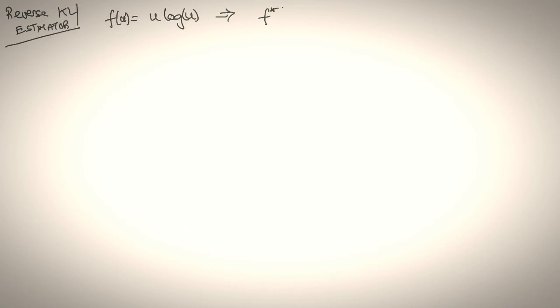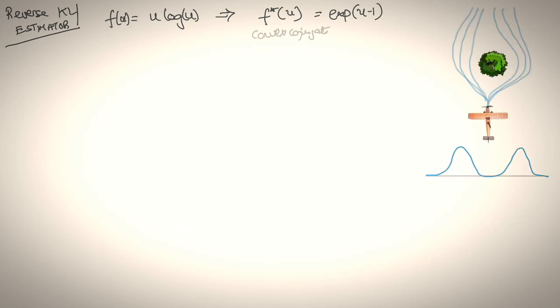All right, so let's see how this plays a role in estimating reverse KL. Recall earlier that for reverse KL, f of u is simply u log u. And if you take me on faith that the convex conjugate of this function is exp of u minus 1, you can derive this by writing out the expression of the convex conjugate and then setting the gradient to 0.